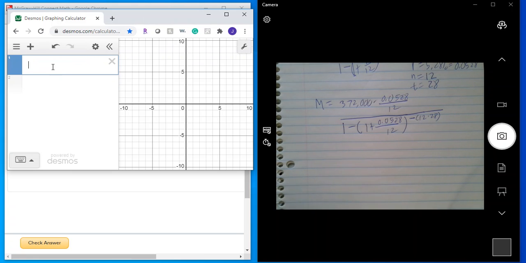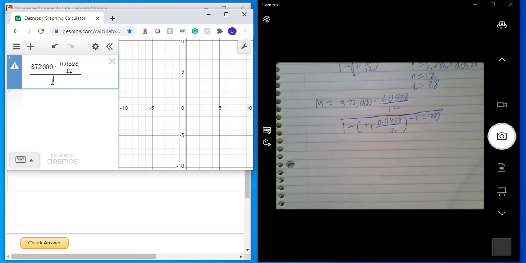So we had 372,000. And then I hit the division key so we know that we're dealing with a fraction. And then I go back up to the top and we have 0.0528 divided by, oh, wait a minute. I'm supposed to do multiplication. It's times 0.0528 divided by 12. Now we go to our denominator. Oh, I added an extra zero here.